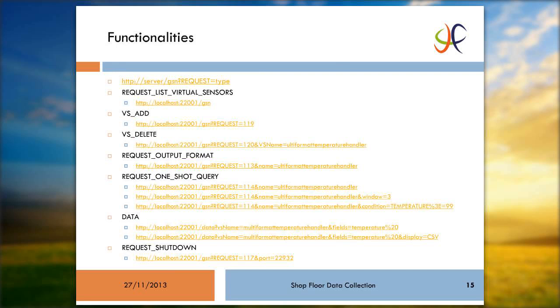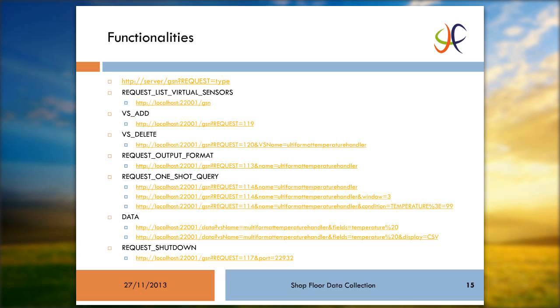The functionalities that this component provides are all provided through HTTP binding. The format is the server name, JSON, and the request type. There are different types of request that are identified by codes. For instance, the first one is request list virtual sensors.